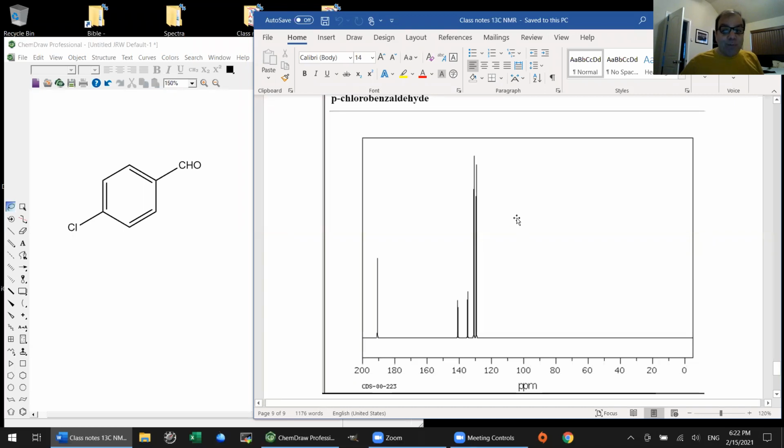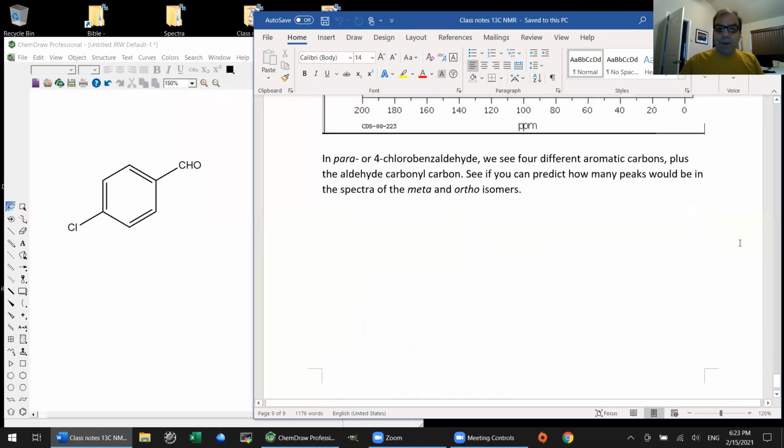My guess would be that the two taller peaks are going to be the two types of aromatic carbon that have hydrogens directly attached, and the two shorter ones are going to be the one attached to chlorine and the one attached to the aldehyde group. Beyond that, I would be hesitant to say exactly which is which, but I think based on this already, you can see the structure and the spectrum are completely consistent with one another.